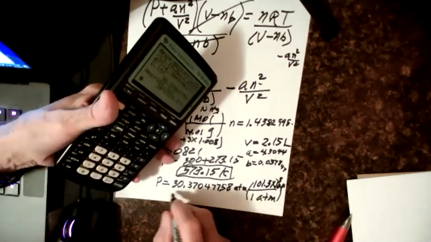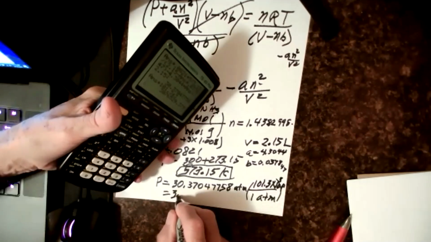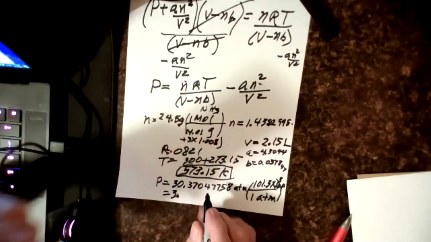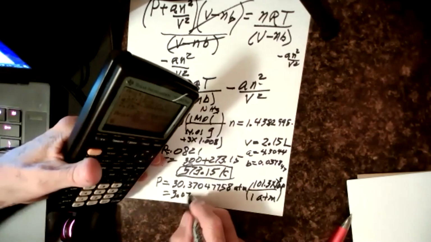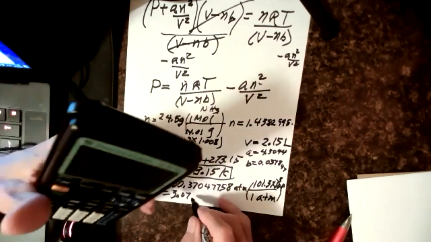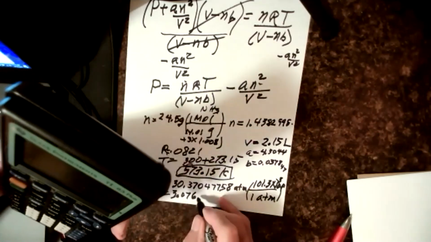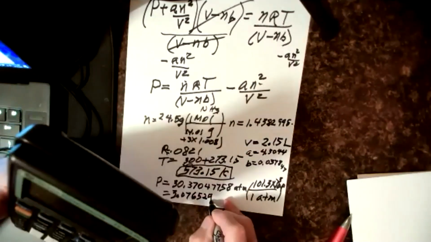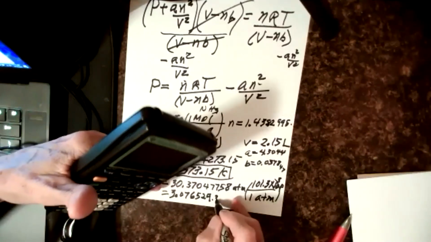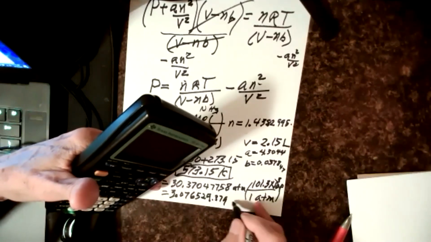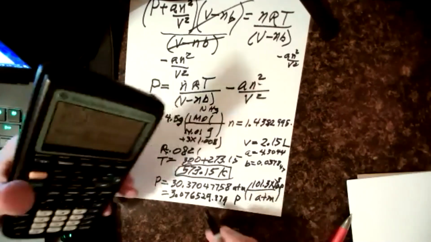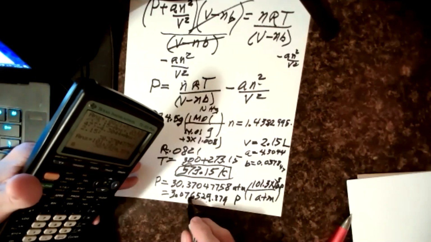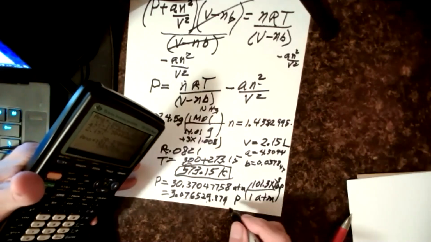So what I got is my calculator showing 3076529 pascals. And that's 1, 2, 3, 4, 5, 6.